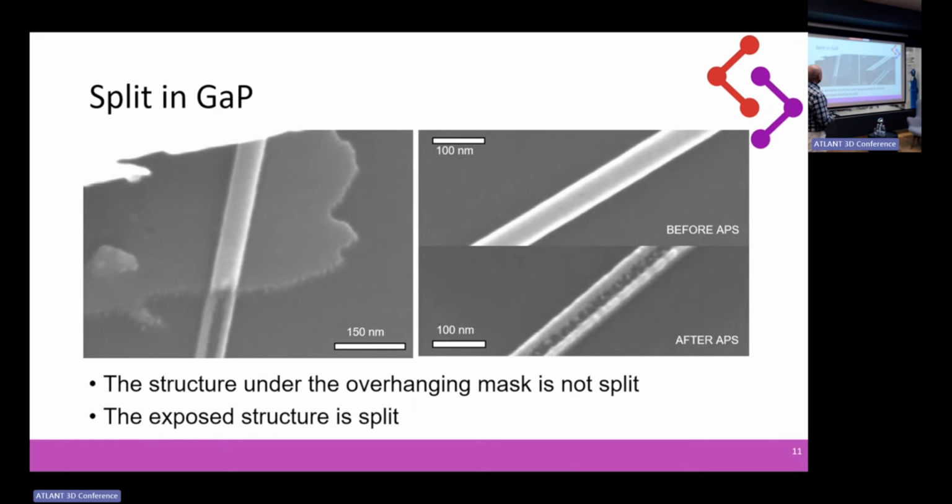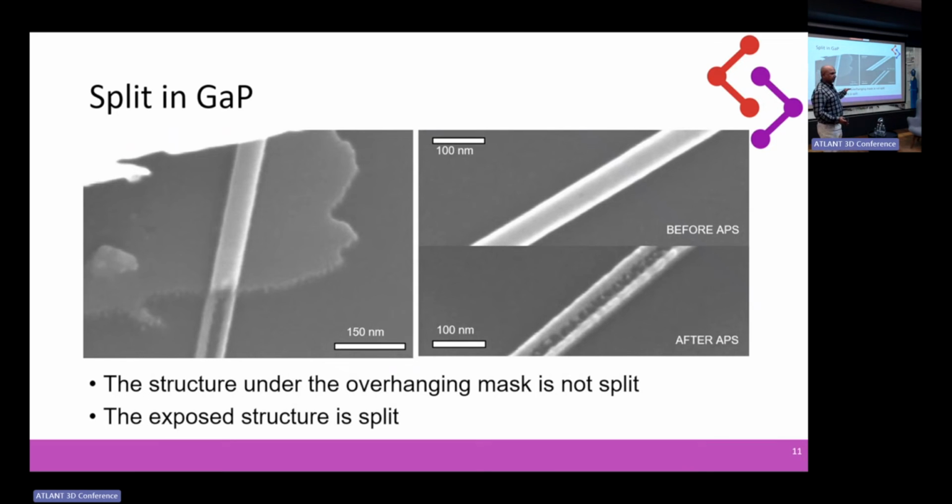The results. So these are the first results of what AlixLabs stands for. On the left side, half of the nanowires is covered with some mask and half is exposed. You see that the exposed part is split, but the unexposed part is not split.